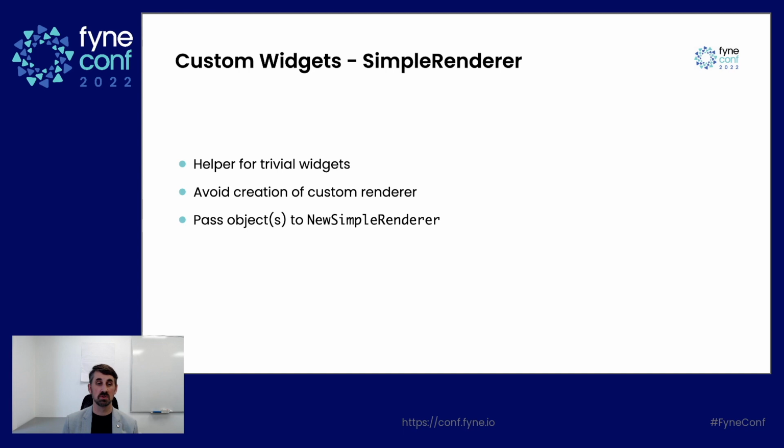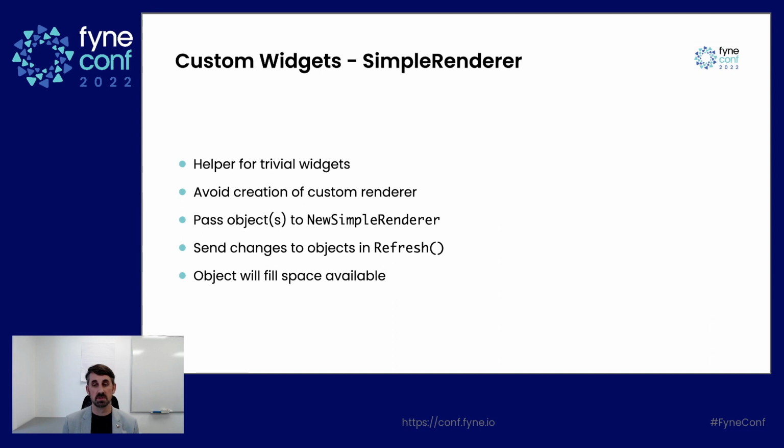We need to make sure that we apply any changes to the objects that we've passed through in our widget's refresh method, which will be called before the decision is made as to whether anything needs to be changed in the renderer. And because this is a default setup, the objects passed in will fill the space available because we're not controlling the layout anymore. So it's like the max container.